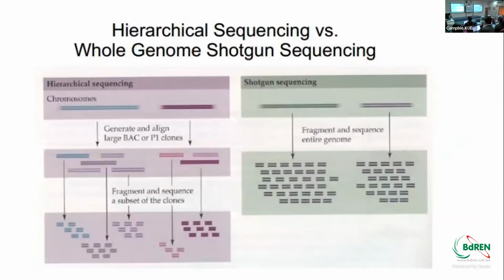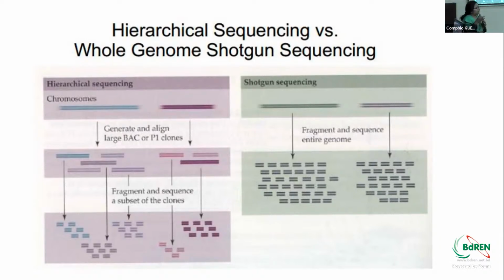But there were 2 types of sequencing done during the Human Genome Sequencing Project. One was hierarchical sequencing and one was shotgun sequencing. You might know already about this, right? In hierarchical sequencing, the advantage was that we got the BAC clones and we got the physical map.